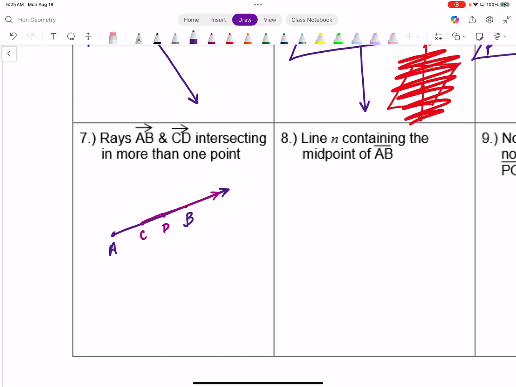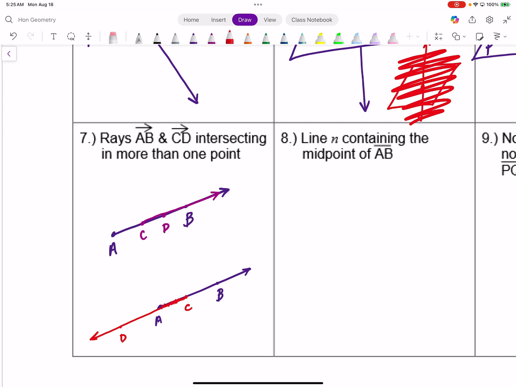Some people might do this. They might draw ray AB. I'm just thinking of two options. I might put C here, and just head off in the other direction, throw D down here someplace, and then they're intersecting right there in the segment AC.